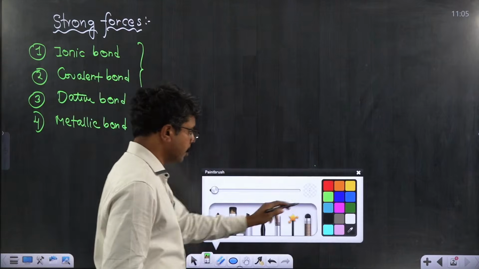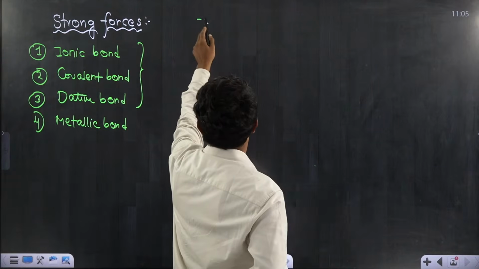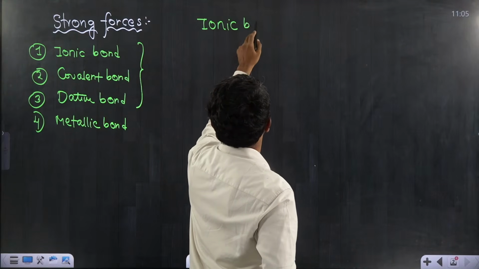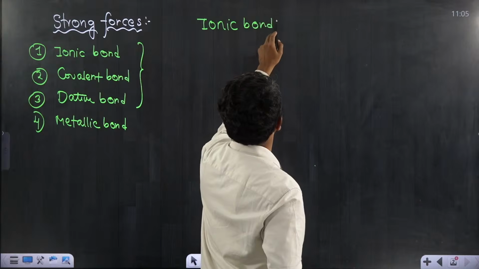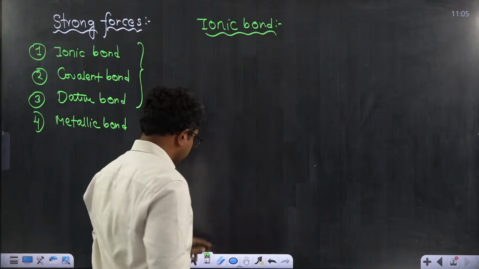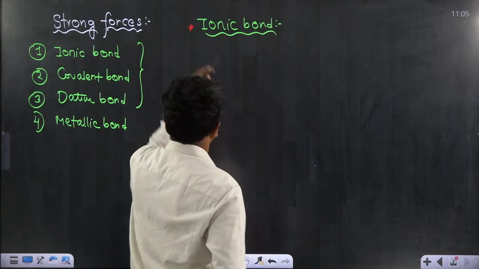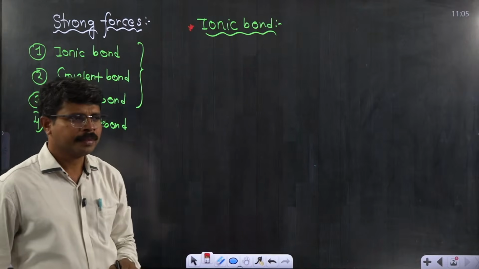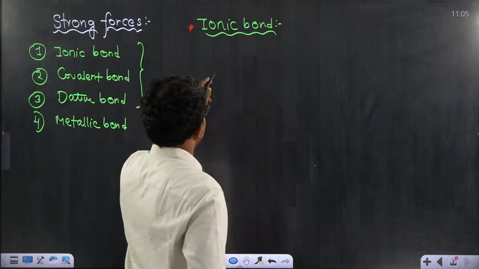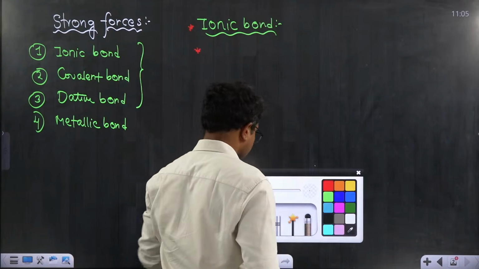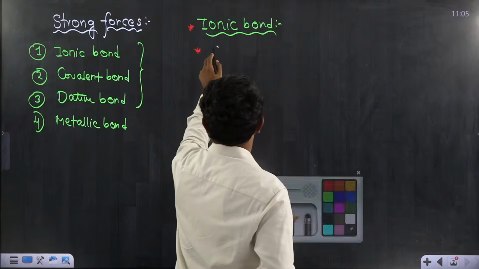Let's start with ionic bond. Let's try to define ionic bond. You know very well about ionic bond. Ionic bond can also be called electrovalent bond.